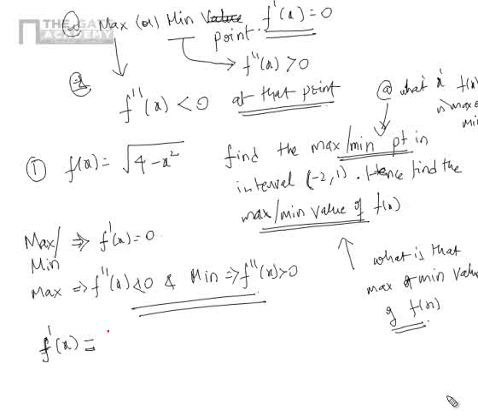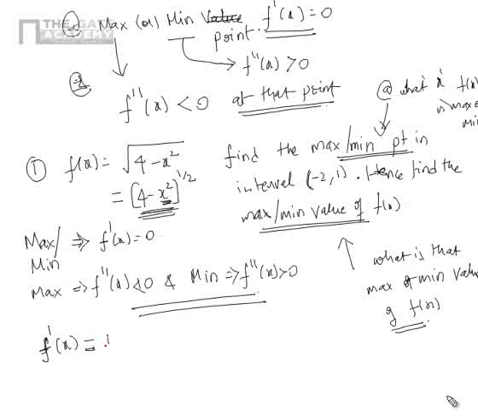Here, what is f of x first? F of x is nothing but 4 minus x square the whole power half, correct? Square root I can write like this. So what is f dash of x? Here I have to apply chain rule and solve. So first I will differentiate f of x completely, then I have to go and differentiate x square.